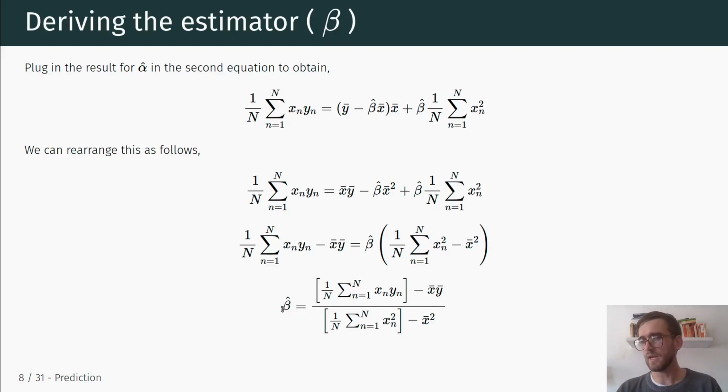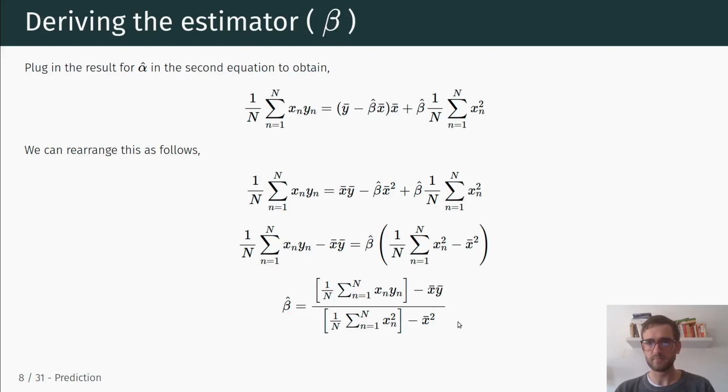Okay, so now we have beta hat, our parameter that we're interested in, as just a function of things that we observe. Xn and yn are just the individual values for each observation in our sample. X bar and y bar are the averages. X bar square is the average squared, and the sum of the squared x's.